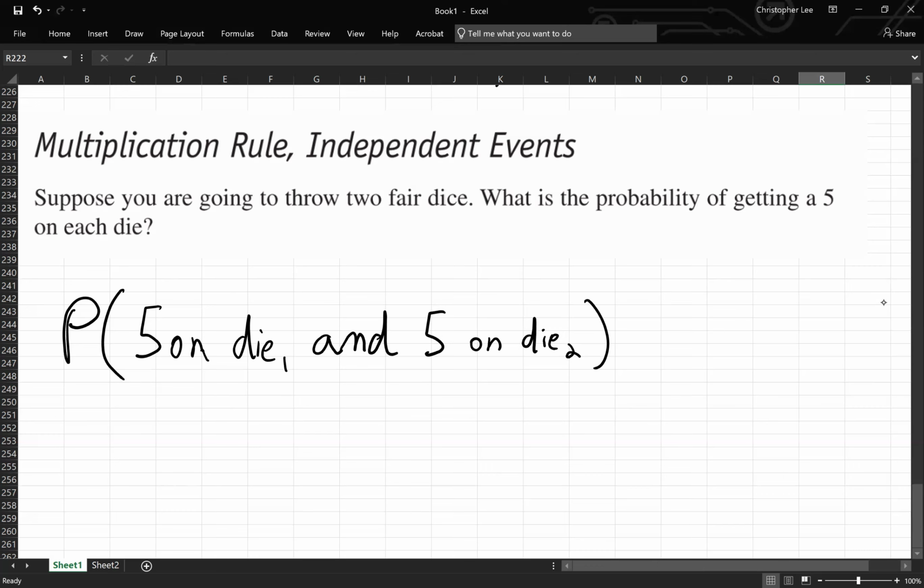So the probability of a 5 on die 1 and a 5 on die 2. If there's only one 5 on each die, then wouldn't the probability be 1 and 1? Close. Let's work that out. What's the probability of a 5 on die 1?